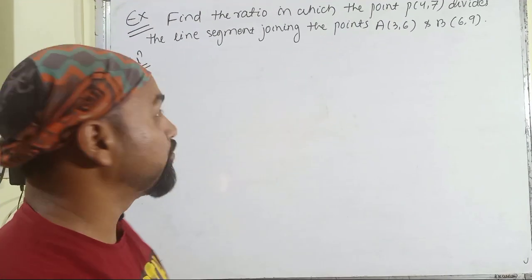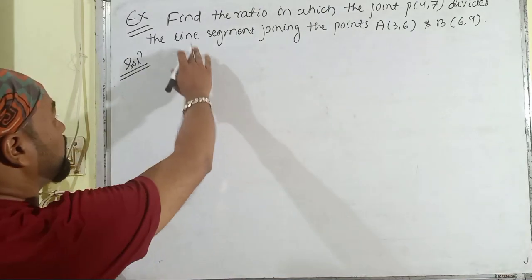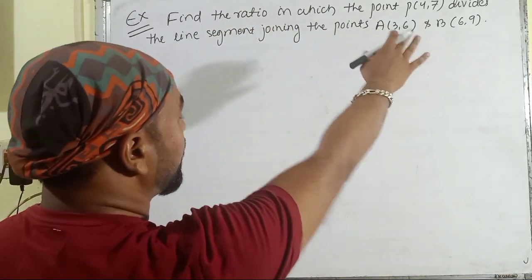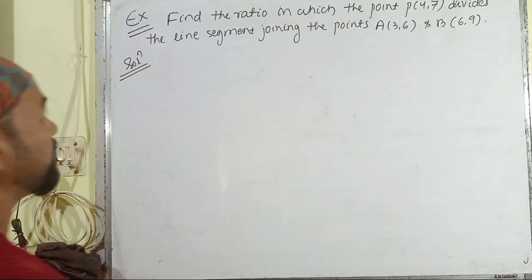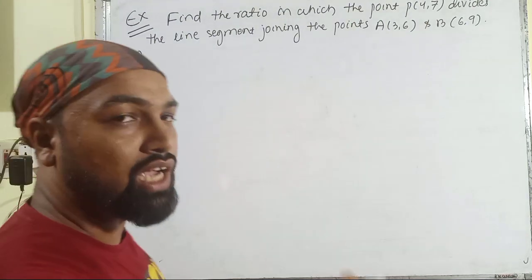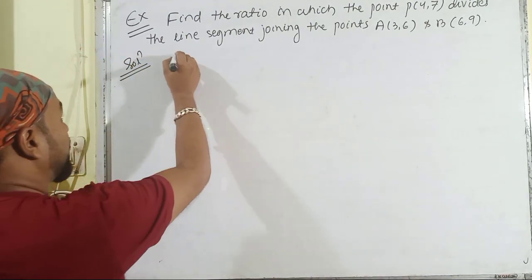So here is the next problem: find the ratio in which the point P(4, 7) divides the line segment joining the points A(3, 6) and B(6, 9).